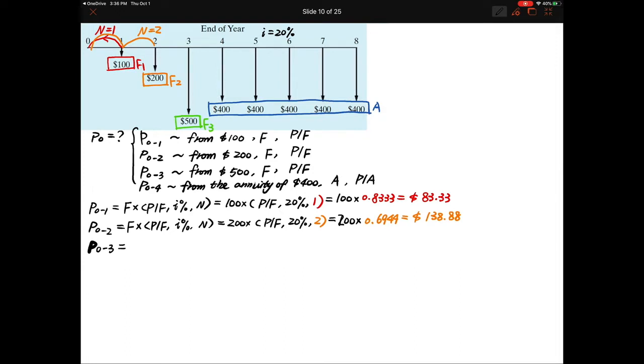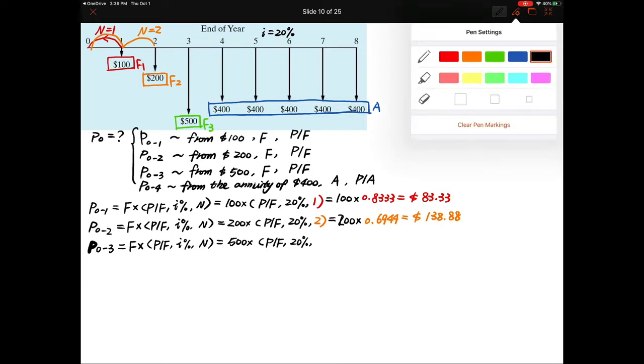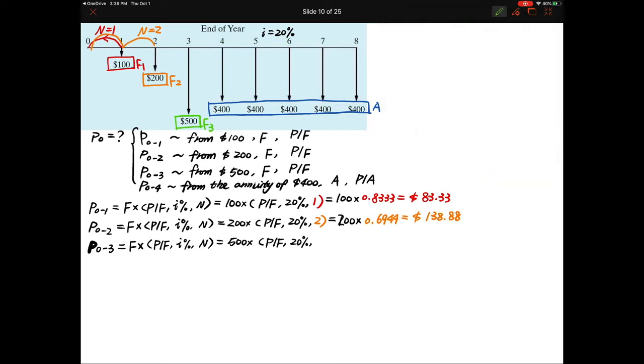Okay, what is the third part? Same equation because you're still looking for P given F. Same equation, but different values. So 500 P/F, 20%.